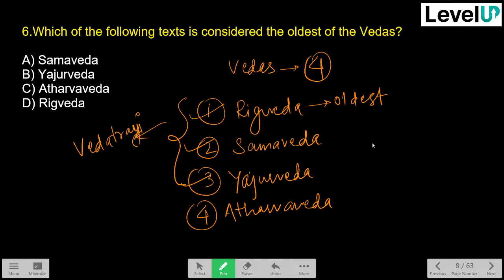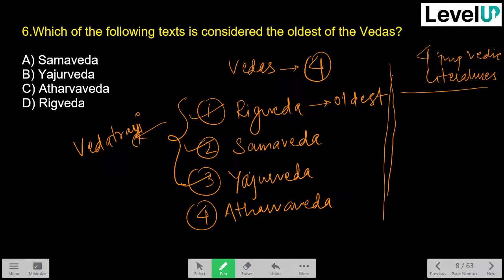One more important thing: at that time there were four important Vedic literatures. What are they? First, the Vedas, which are also known as Samhitas. Please write it down.